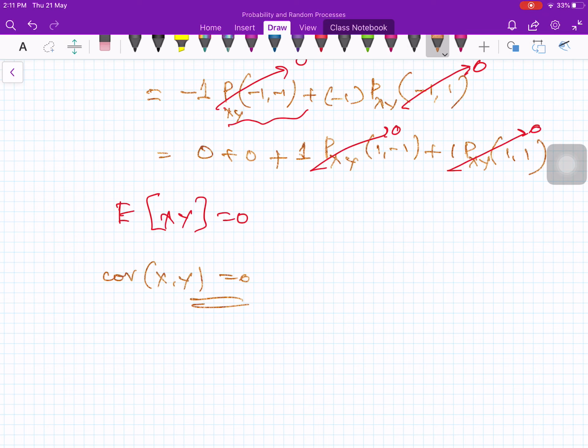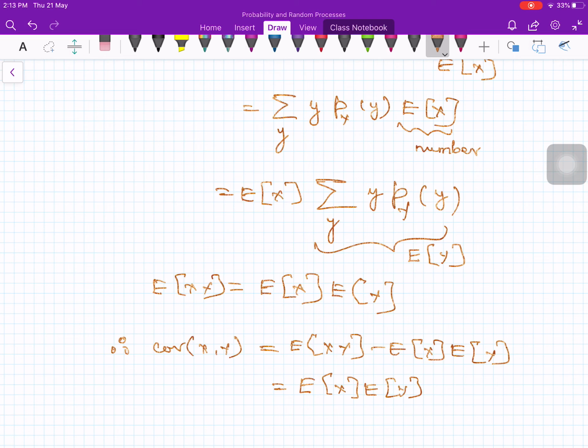Therefore, whenever you have this kind of result, the covariance of x and y is equal to E of xy minus E of x times E of y, which is E of x times E of y minus E of x times E of y. So this is 0.